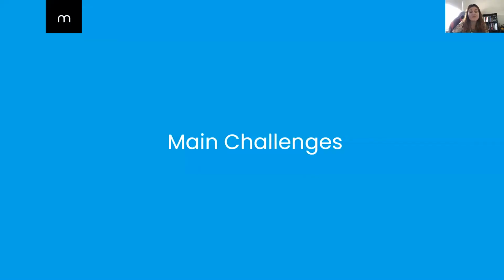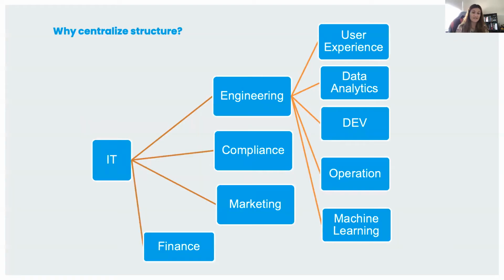Let's get started with the first one, the main challenge, and let's see what is the main challenge that companies are facing. I would like to start with one example. Let's imagine a company's organization structure is made of teams such as finance, marketing, security, engineering, etc. Each team has certain activities in order to achieve their goals, functionality, and the processes that they carry out across the business.